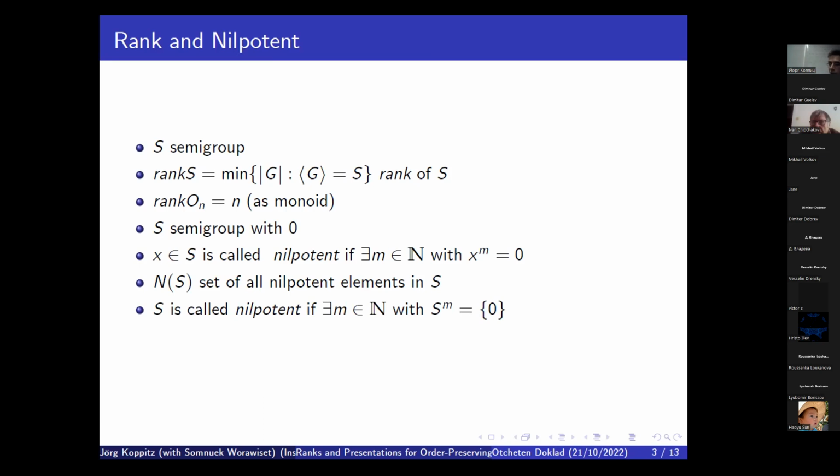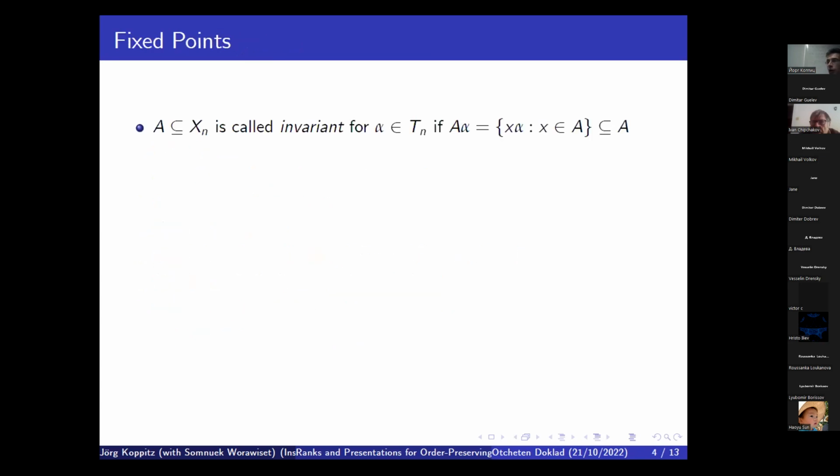A very useful observation is that S is nilpotent exactly when all elements of S are nilpotent, in our case.